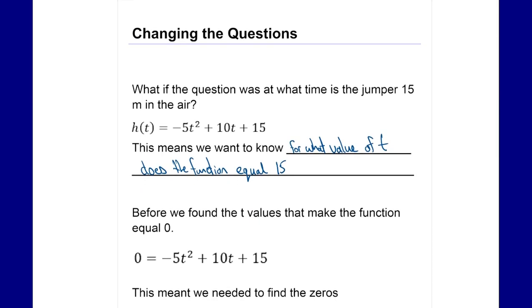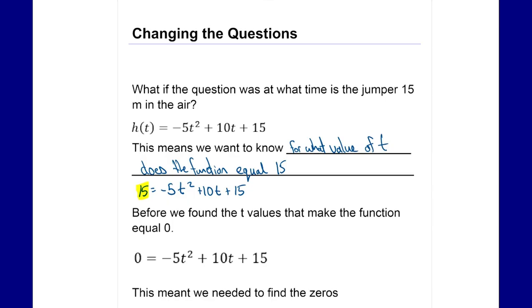So we're looking for 15 = -5t² + 10t + 15. The new thing now is we're trying to say this function is equal to 15.